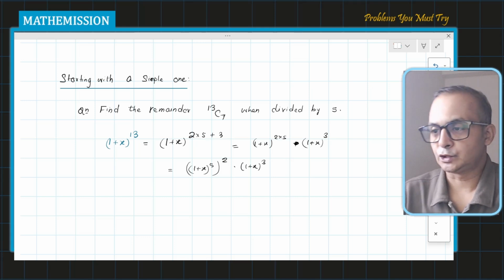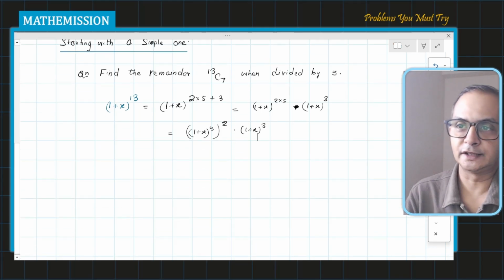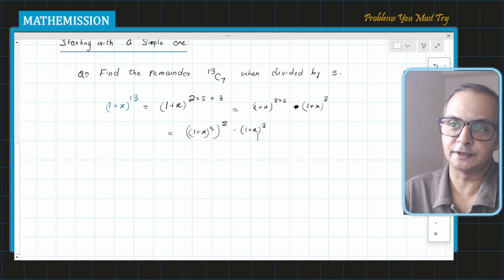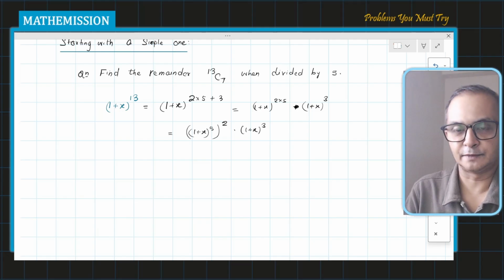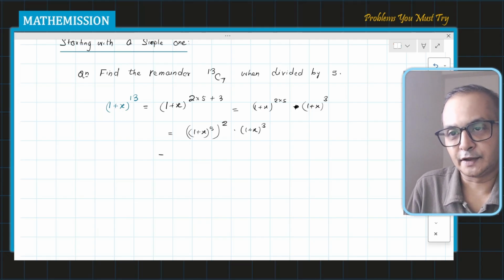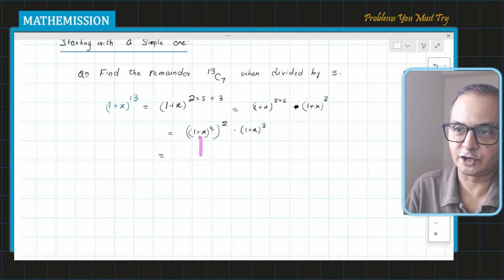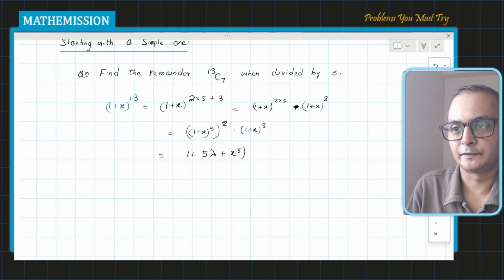Now let's try to understand how many terms we are getting that are multiples of 5 and how we can simplify it. So the simplification goes like this. You can notice that if I want to write this entire expansion inside, I can write directly as (1 plus 5 times some lambda plus x to the power 5) and the whole power 2, and (1 plus x) to the power 3.